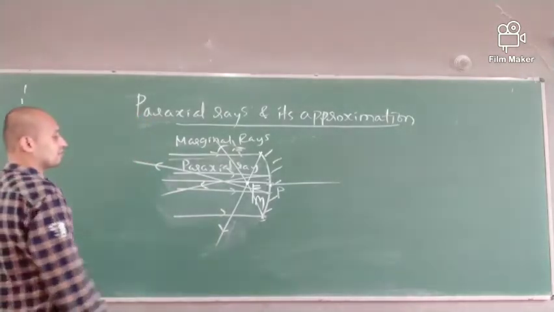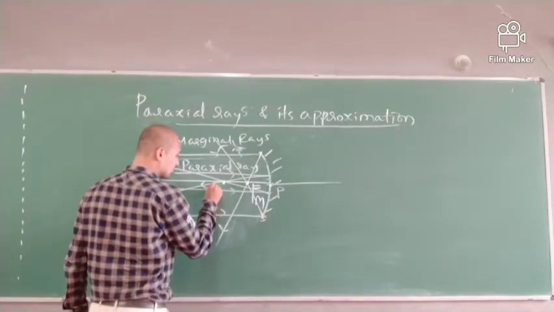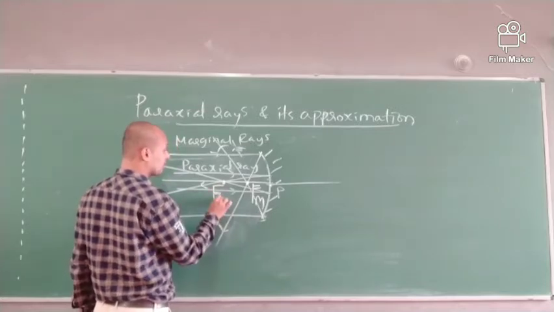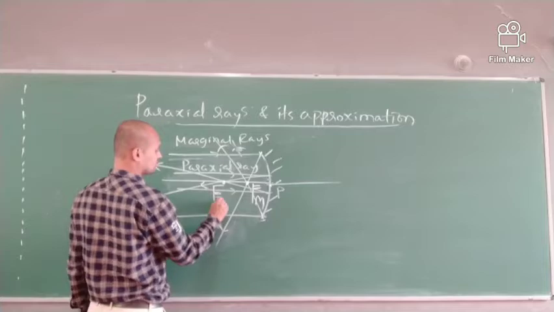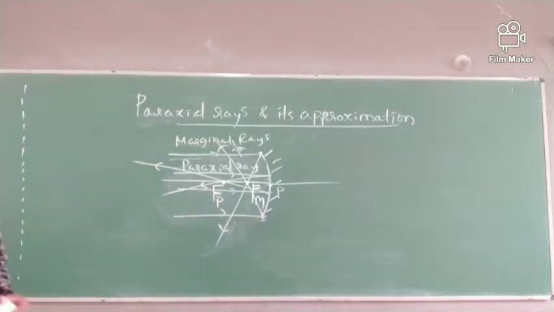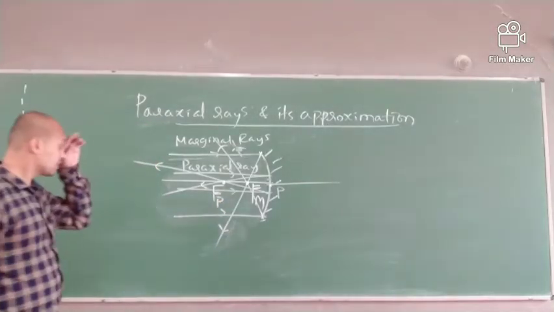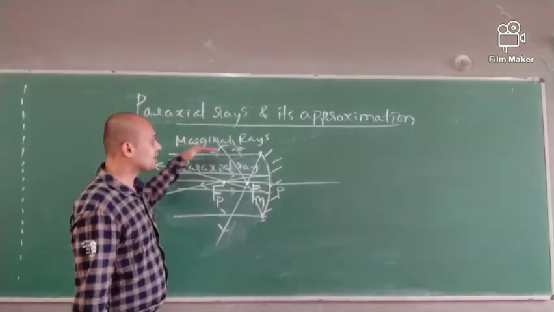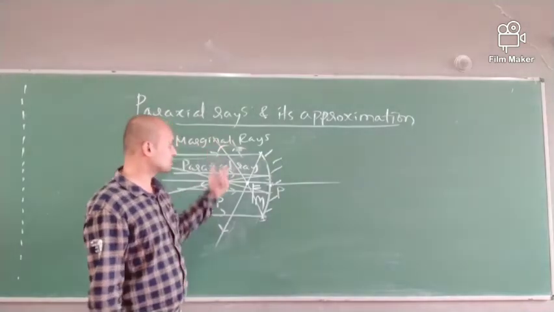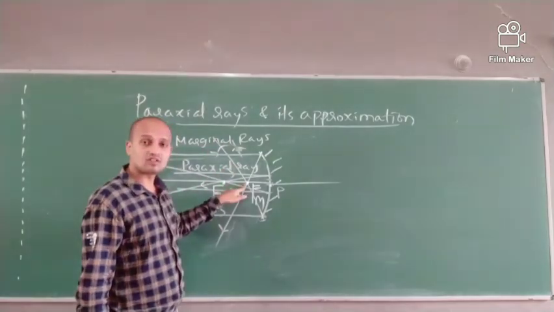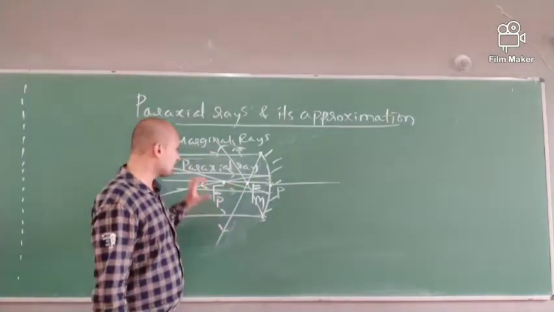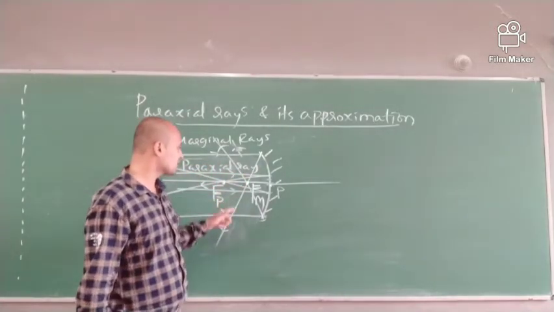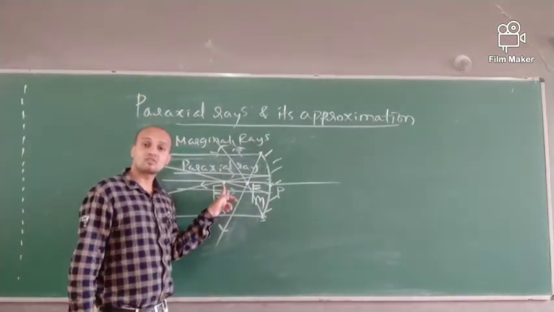In reality, for a spherical mirror, the marginal rays at the edges of the concave mirror produce the focus point at Fm, and the rays near the principal axis produce a focus point here.